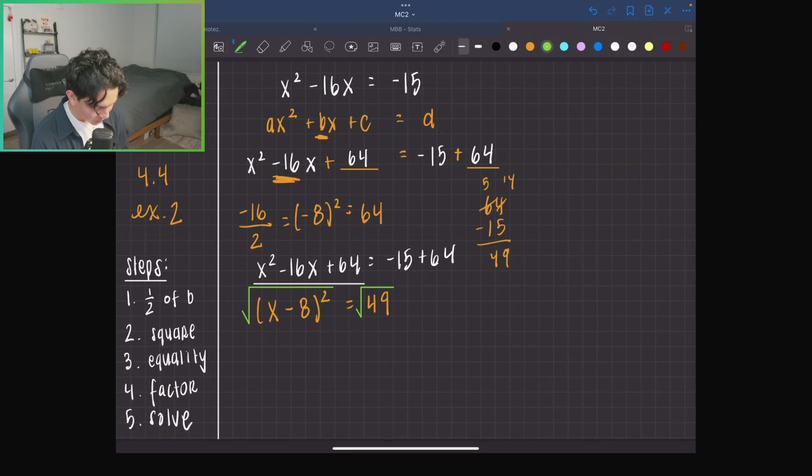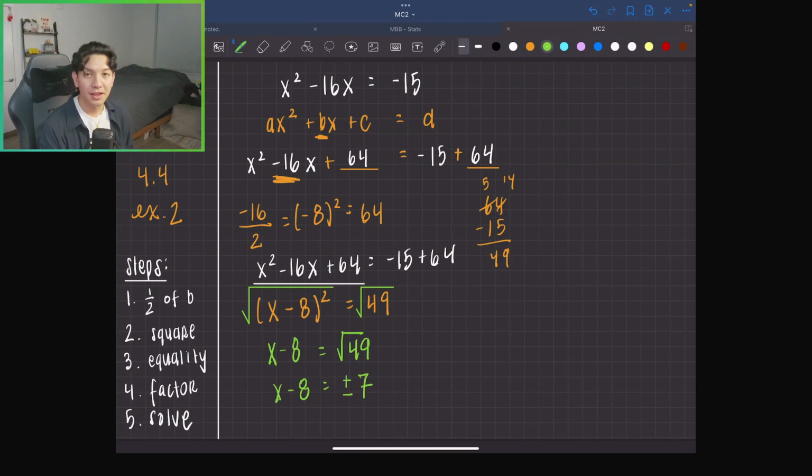Once we do that, we're going to have x minus 8 equals the square root of 49. And we know what the square root of 49 is. It's actually going to be plus or minus 7. Then what do we do to both sides of the equation so that we can isolate the variable x? We're just going to add 8 to both sides over here.